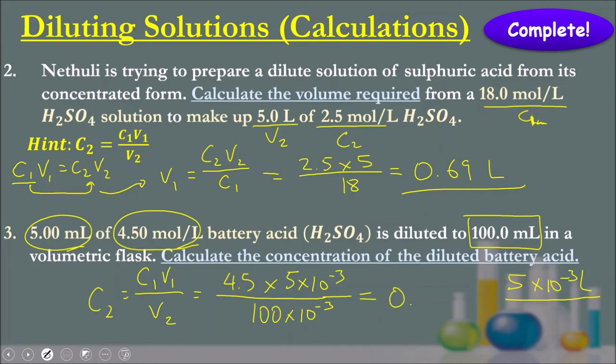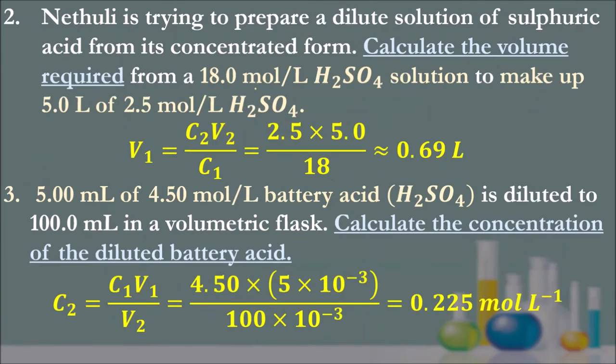So I get an answer of 0.225 moles per liter. If I just check with significant figures, all these are in 3 sig figs, so I'll leave it in 3 significant figures as well, which is exactly the same thing as what I got on the answers originally.